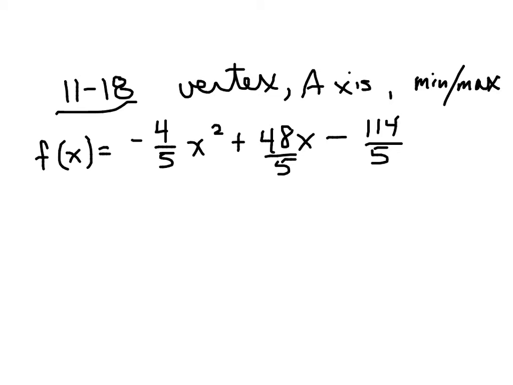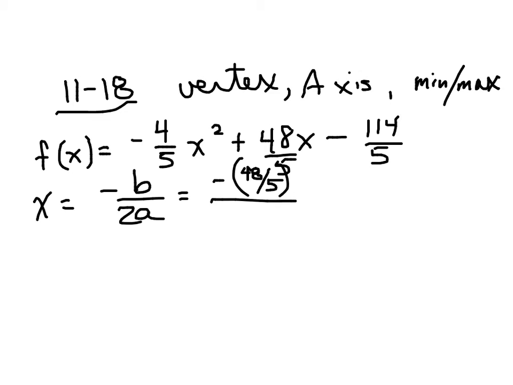Okay, so again, we're going to use that x equals negative b over 2a, or negative 48 fifths divided by 2 times negative 4 fifths. And when you do that, you have a negative with a 48 fifths.